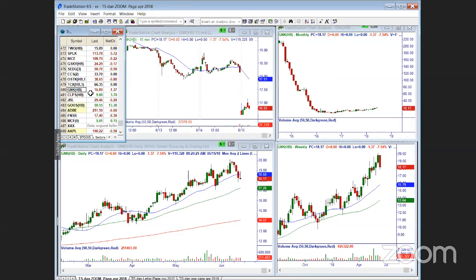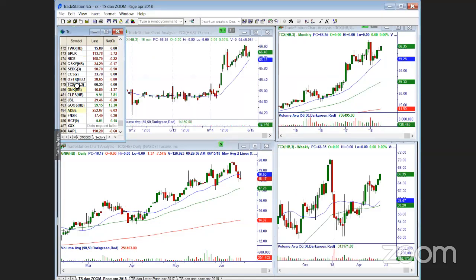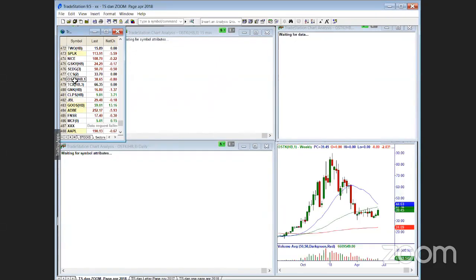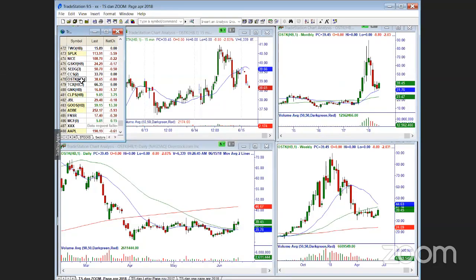GNK gapping down 16.80, way down here. I don't see much to do there. TCX, look at this beautiful relative strength. I don't know where I got this. Oh yeah, I got this yesterday when we were scanning together, because now I'm into just the general watches.